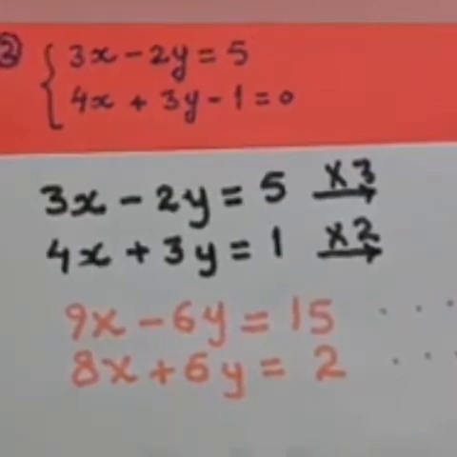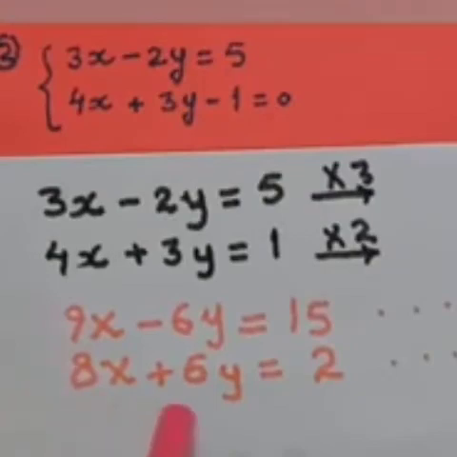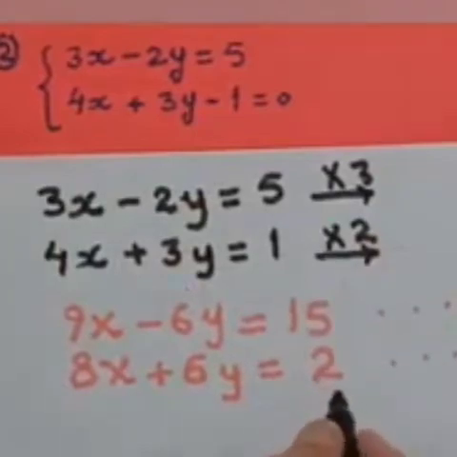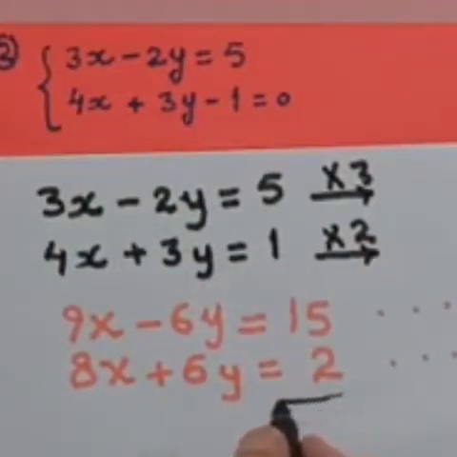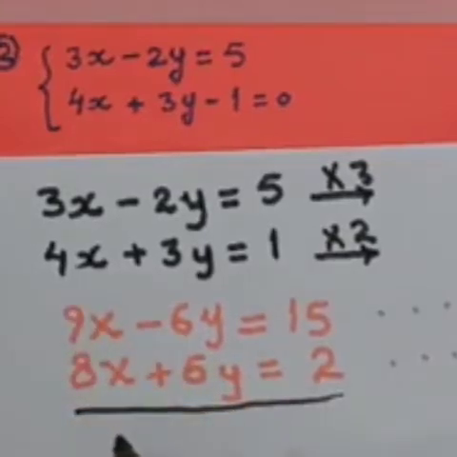Okay, these two forms, now we can just add the two equations together. When you add two equations together, you see here minus 6y and here plus 6y, they will cancel together. I will draw this line here and write the result of adding.